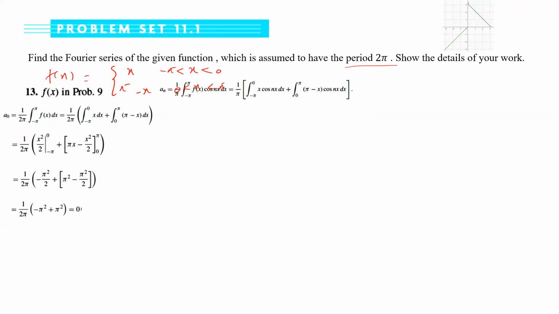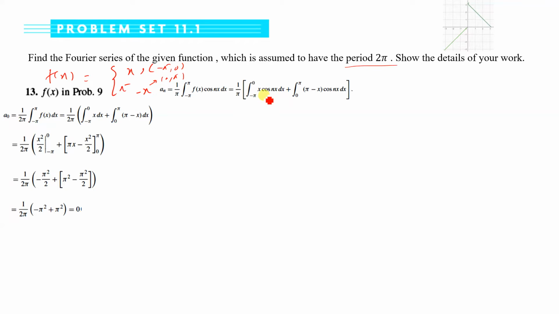Now let's find the value of a n. The value of a n is equal to 1 over pi times the integral from minus pi to pi of f(x) cos nx dx. Again, the function is defined piecewise, so this is the interval minus pi to 0, and this is the interval 0 to pi.